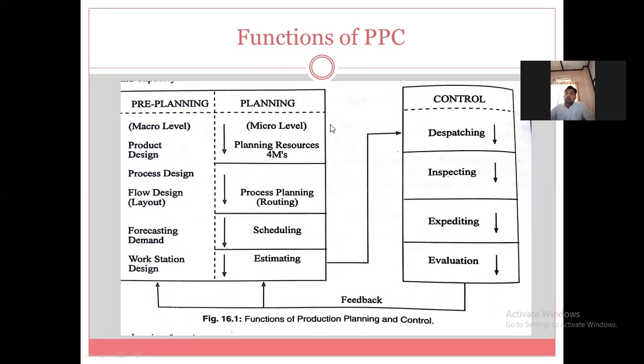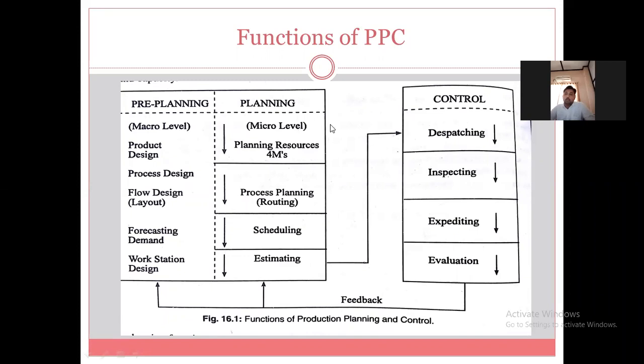If you consider raw material, or for the assembly lines you require one spare part, what quality of material or what standard material you require to produce the goods, that is nothing but planning related to the material.